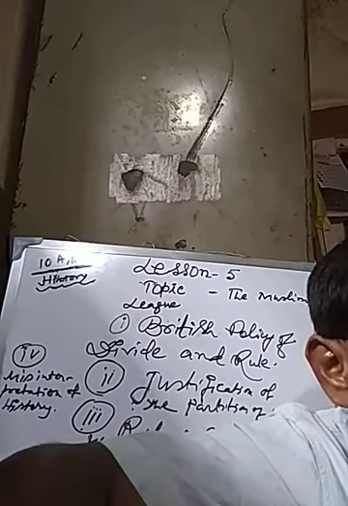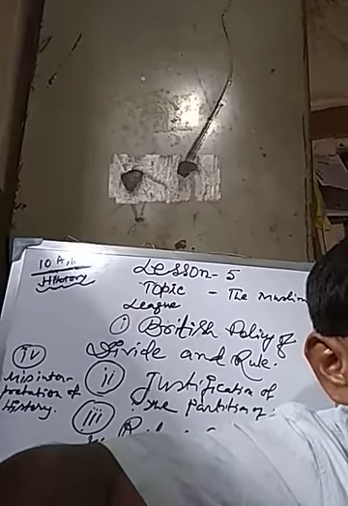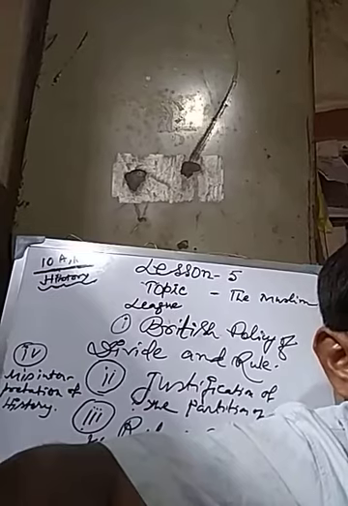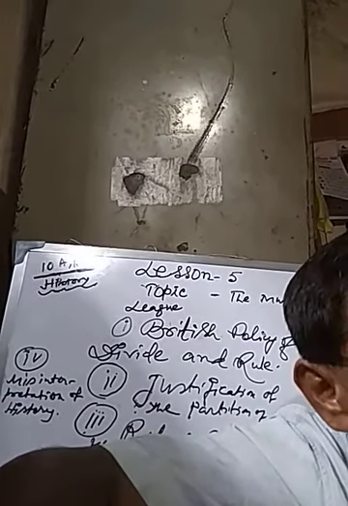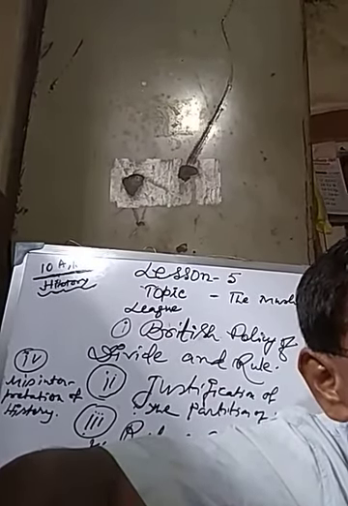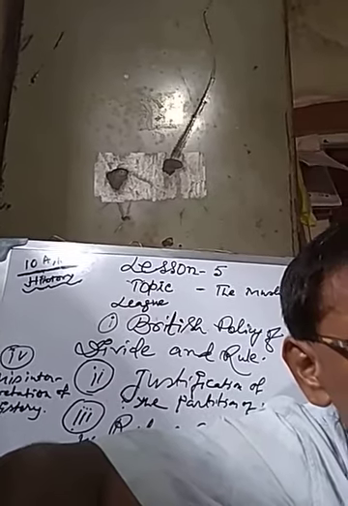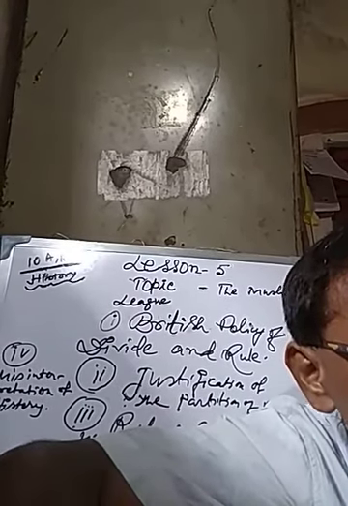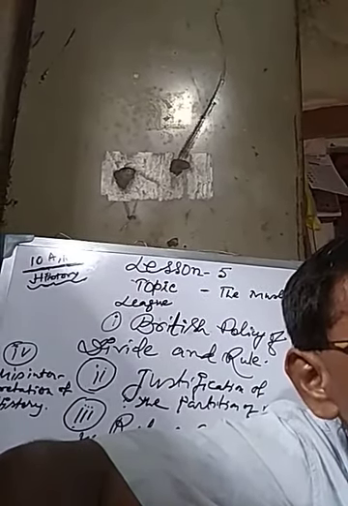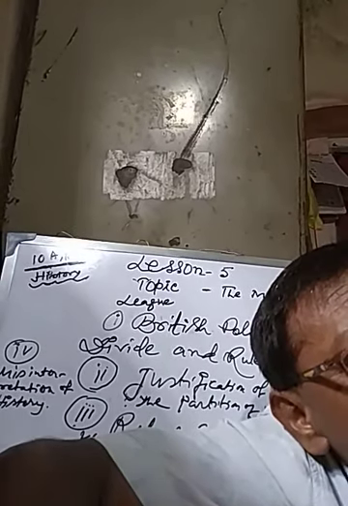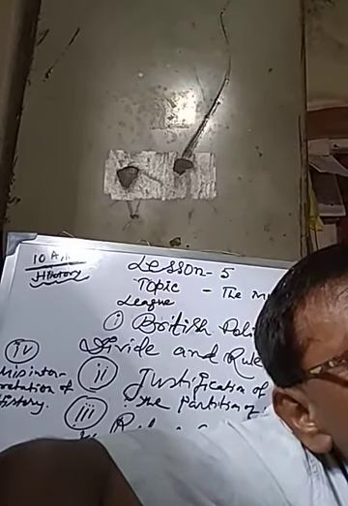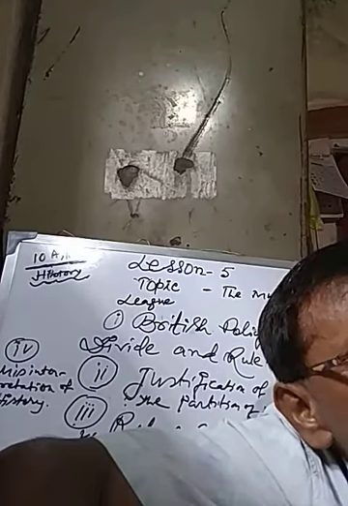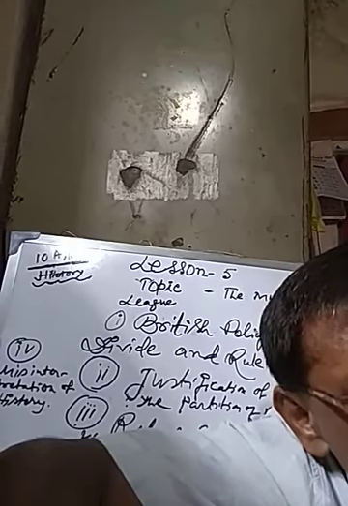For example, Babur, Akbar, Humayun, Shah Jahan, they all were declared foreigners. Although they came from Afghanistan and established their rule in India, the communal historians described the Mughals as foreigners.